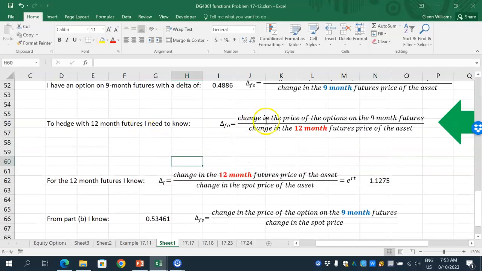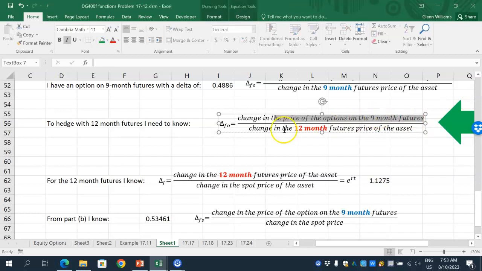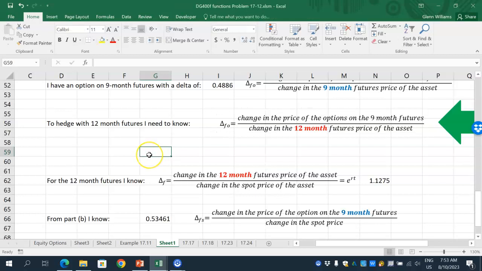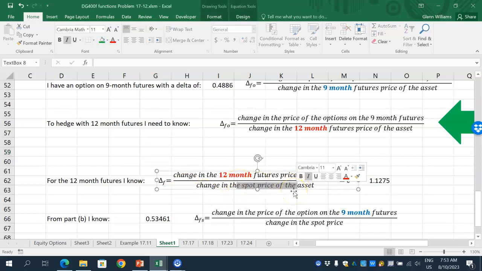What we want to know is, how does the price of the option on the 9-month future change relative to the price of the 12-month future? Okay. And so what I know about the 12-month future is relative to the spot price of the asset, right?